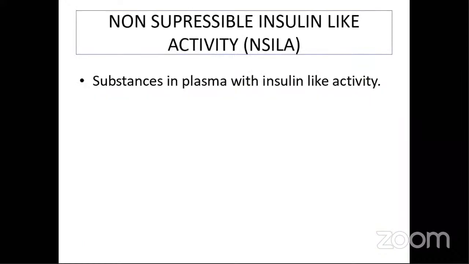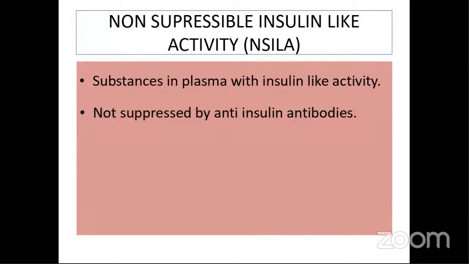That is, we will see what is non-suppressible insulin-like activity. So I'll tell you what it is. You have substances in plasma with insulin-like activity. Understood? So just like insulin, they will act. But they are not suppressed by anti-insulin antibodies.